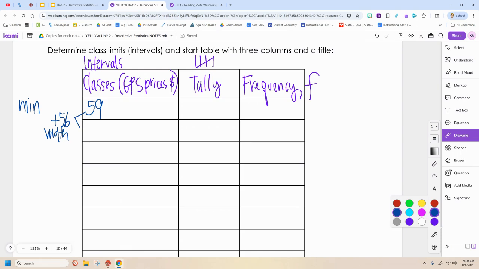When I add on 56, I get 115. That's the beginning of the next class. So guess what? Keep on adding 56 and fill in the minimum of each class. Okay, so use your calculator, keep on adding 56, 56, 56, 56.